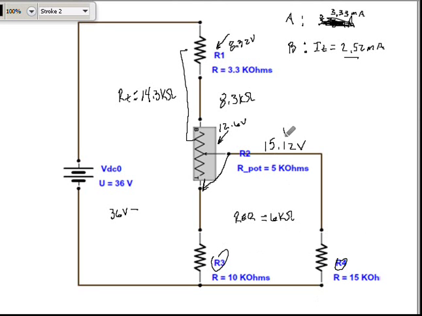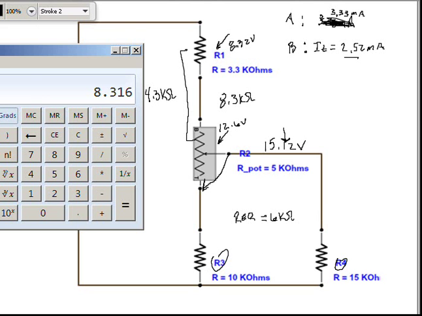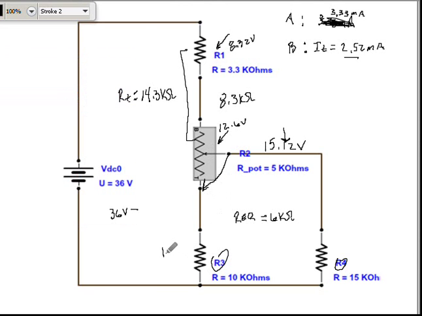I've got my voltage going across, so it's pretty easy to calculate at that point. 10,000, take the reciprocal, multiply by the voltage. So 1.5 milliamps on this side. Looks like I'm going to have about 1 milliamp on this side.